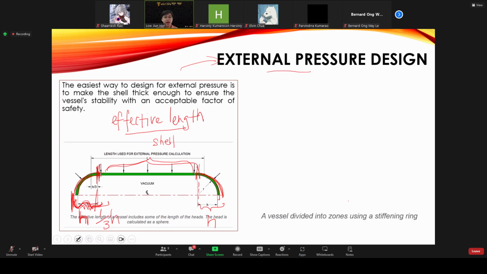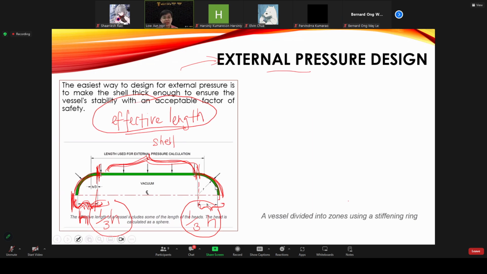Similarly here, we need to calculate 1/3 of the height of the closure. And then after that, you need to add the length of the shell, the length of the pressure vessel here, with the 1/3 value here, and also the 1/3 value here. Then the total length is known as effective length.